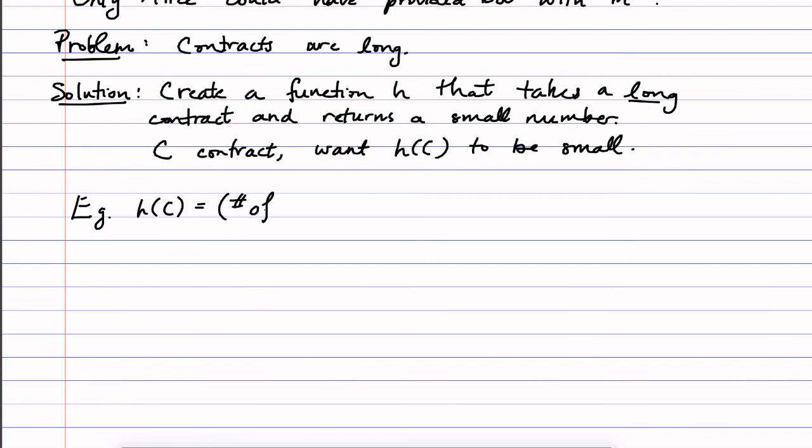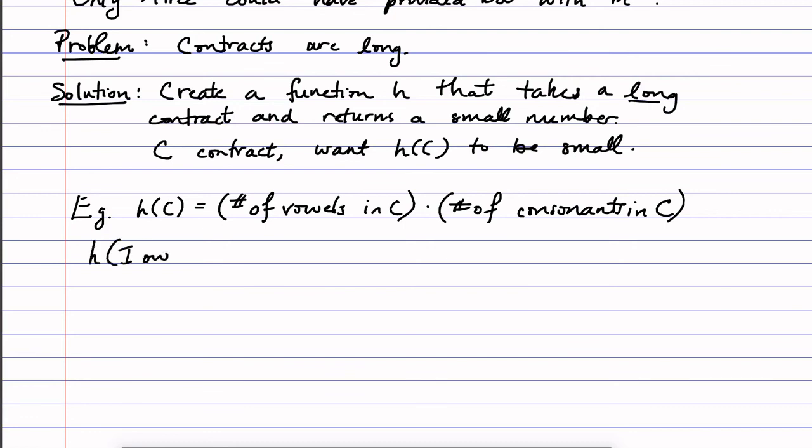It could be the number of vowels in C times the number of consonants in C. That will always be a relatively small number compared to if you converted using ASCII and thought of it as a binary number. So then, for instance, if you did H of "I owe Bob $100," that's going to be 4 vowels times 3 consonants, so 12.